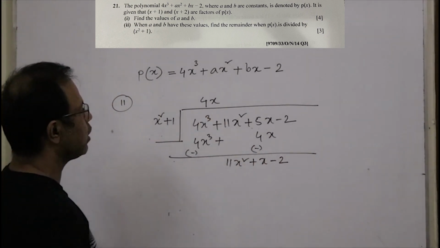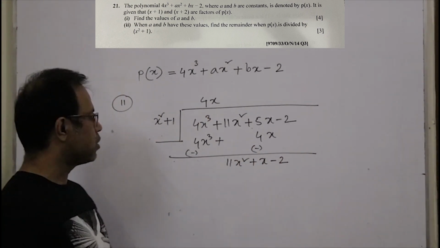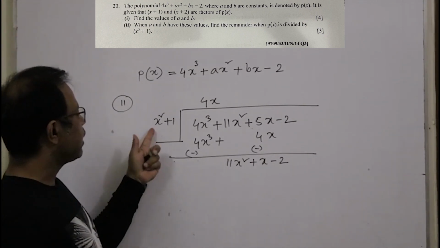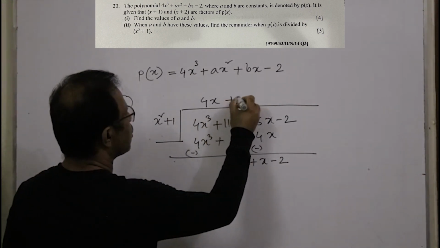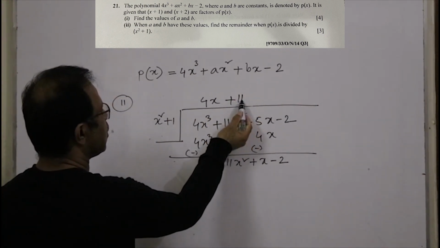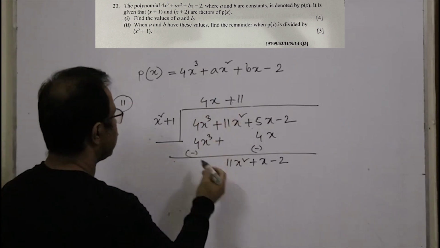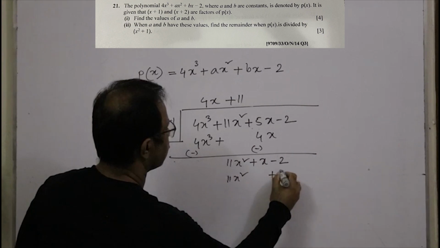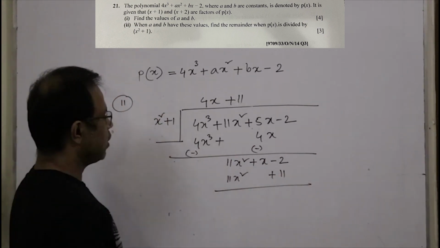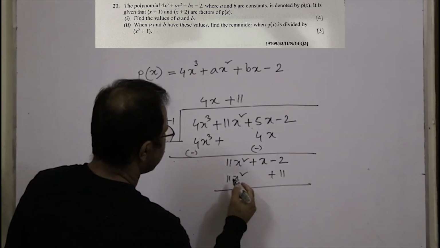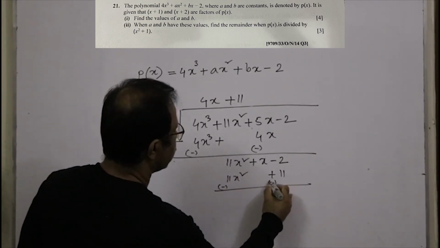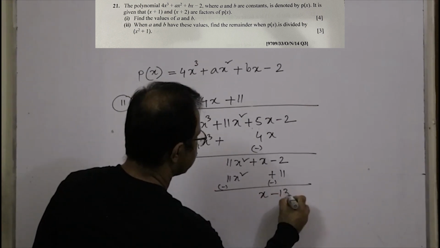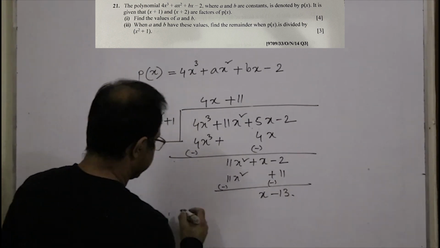Now 11x squared, how many times does x squared go? 11 times. If we multiply the whole thing by 11, it becomes 11x squared plus 11. If we subtract, this one cancels, and it will be x minus 13. So this is our remainder.